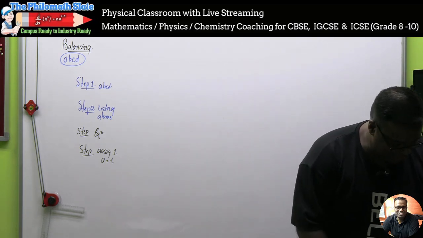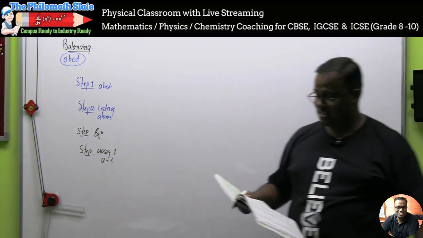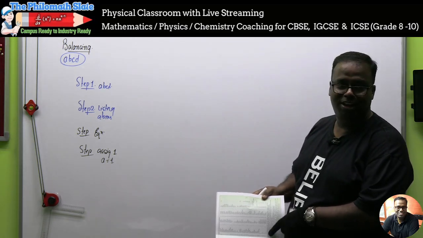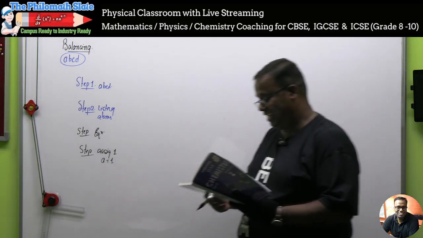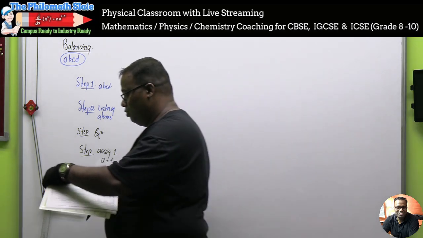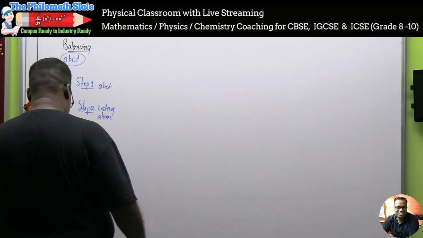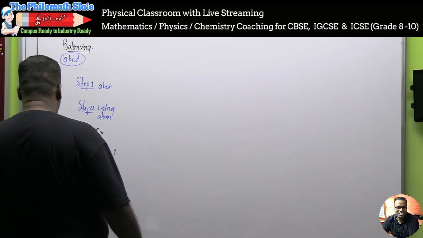You want to see balancing of equation in ICSE? It starts from question number 41. All balancing. Okay, let's do one dangerous balancing. And you all will do it, that's my belief.